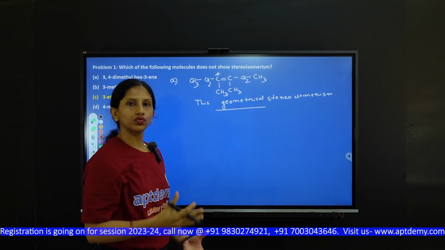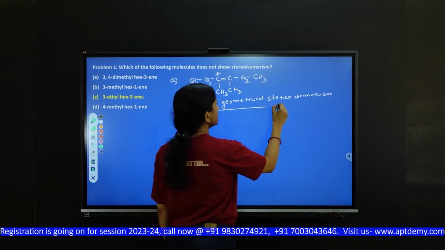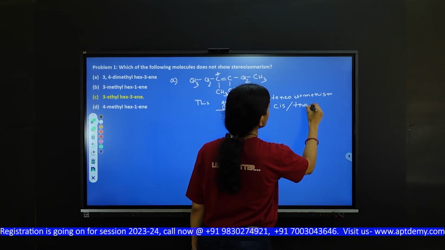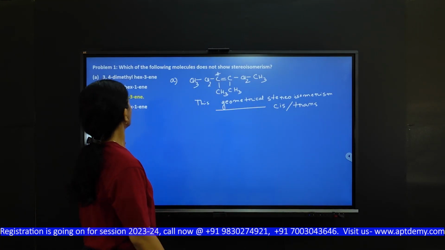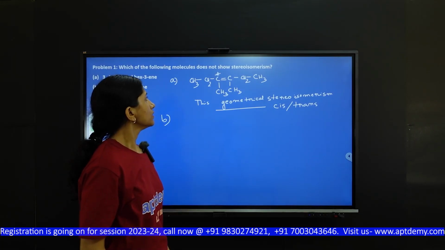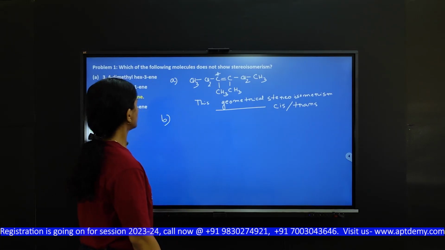Because it has 2 identical methyl groups side by side, it will show either cis or trans geometrical isomerism. So it will show stereoisomerism which is geometrical in nature.